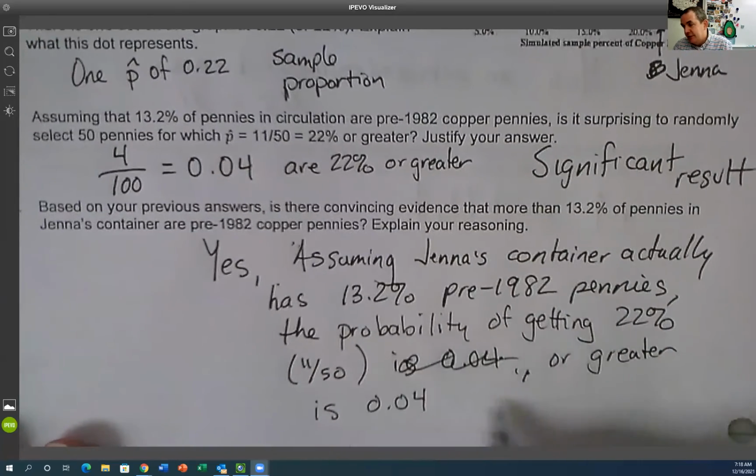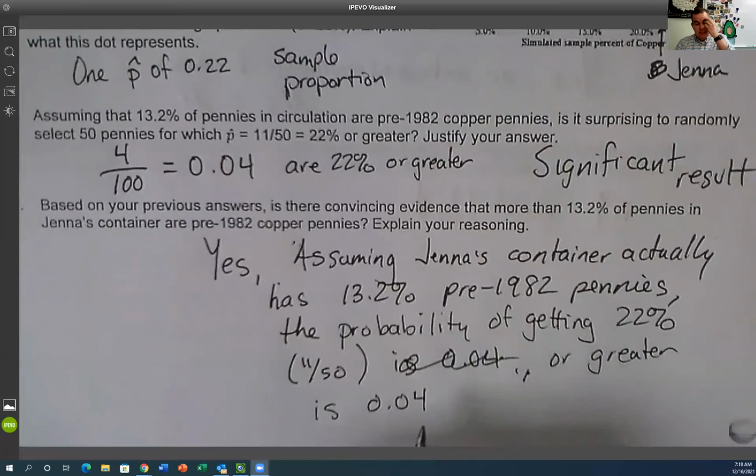And that, again, is a significant result. So this says to me that Jenna's container probably contains more than 13.2% pre-1982 pennies.